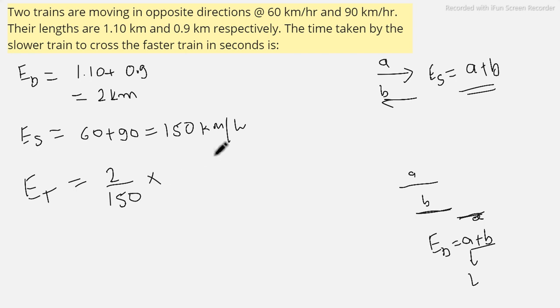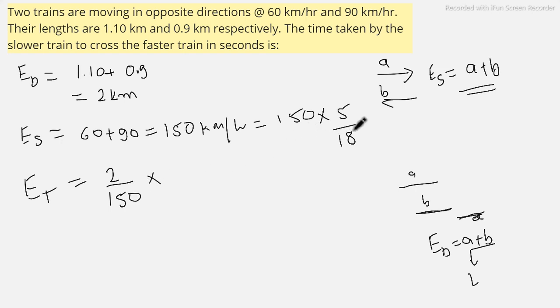So to convert kilometer per hour, what do we do? Kilometer per hour we convert to meter per second. So we'll multiply it by 5 by 18, right? Let us keep it as it is.